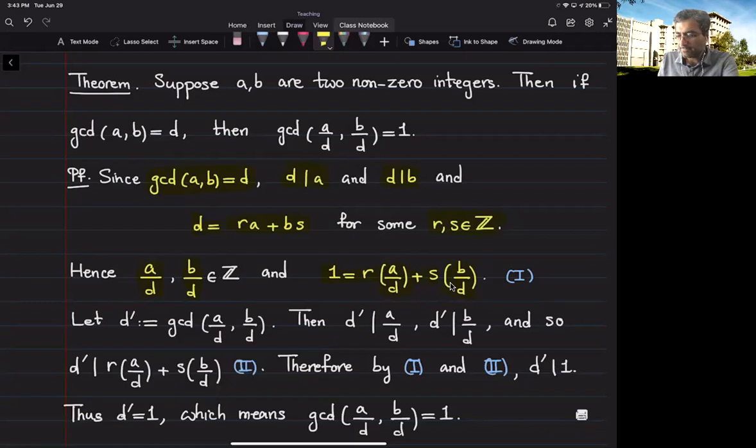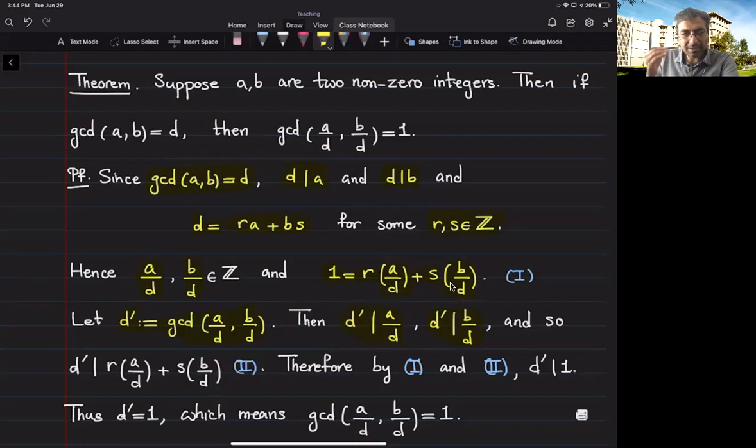Why is that the case? Because if D prime is a common divisor of these two numbers, if it is the greatest common divisor of these two numbers, it's a common divisor. We proved that a common divisor divides every integer linear combination of those two numbers.